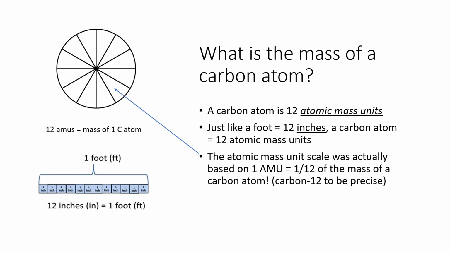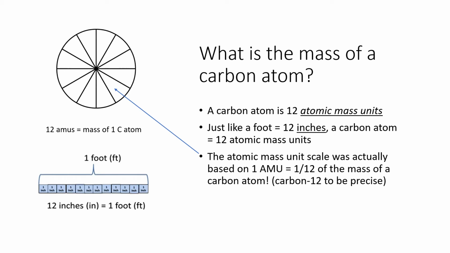So the atomic mass unit scale was based on 1 atomic mass unit, which, as I said, is 1/12 of the mass of a carbon atom. Now, they had to choose among different isotopes of carbon atoms, and they used carbon-12. The good thing about this is that they then had a way to measure the masses of all the other elements on the periodic table based on this atomic mass unit.